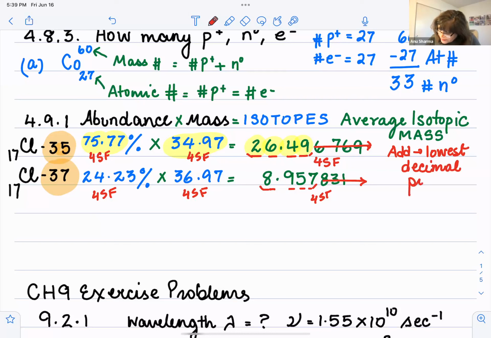Okay. So here we'll see how many decimal places there are. We have 2 decimal places here, and here we have how many? 3 decimal places.